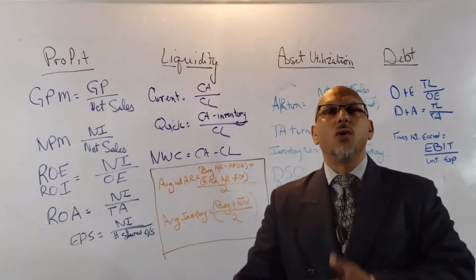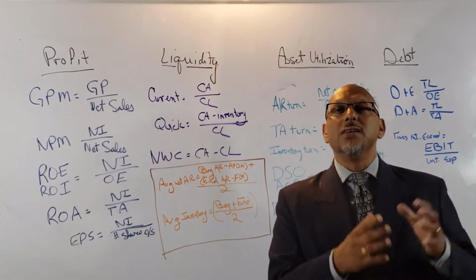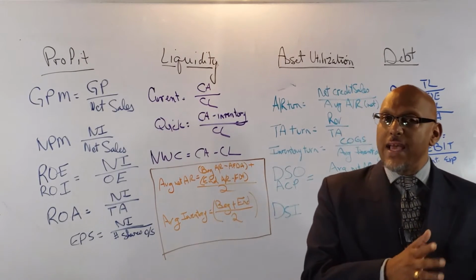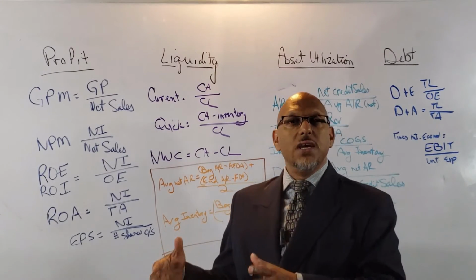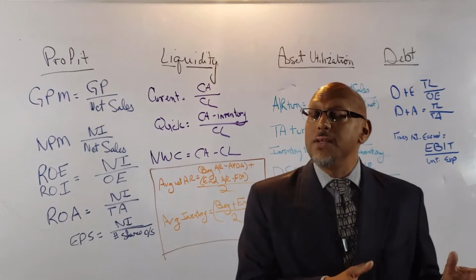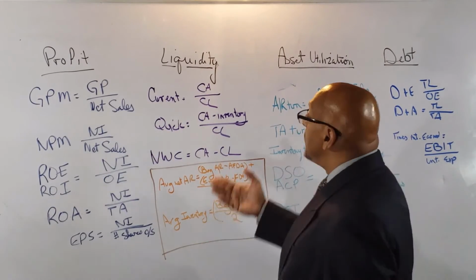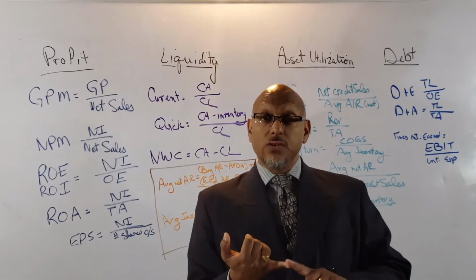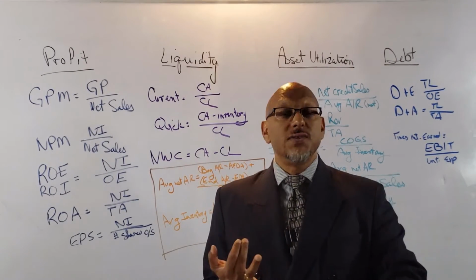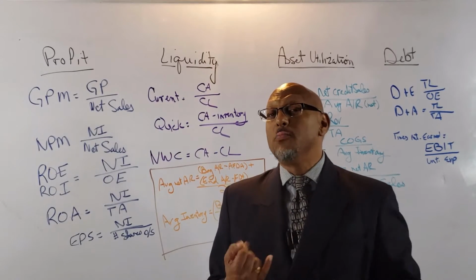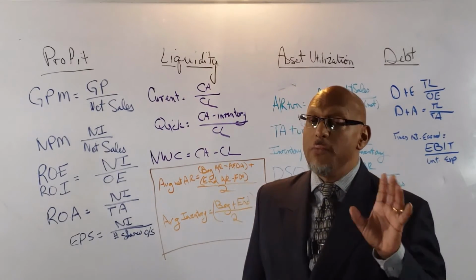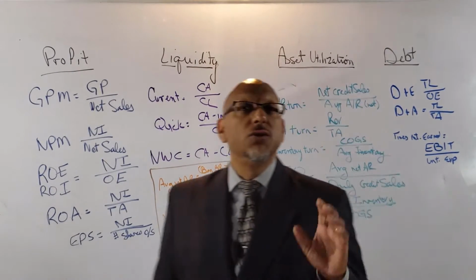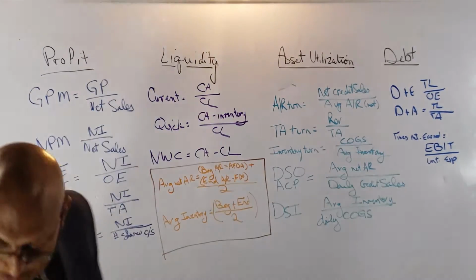That tells us how quickly the company can convert its current assets into cash to be able to pay its current liabilities or current debt. And you recall that current assets generally are cash, which is already liquid, accounts receivable, inventory, and your prepays and accruals. So your prepays are included in your current assets.